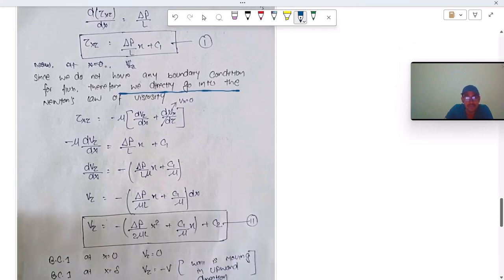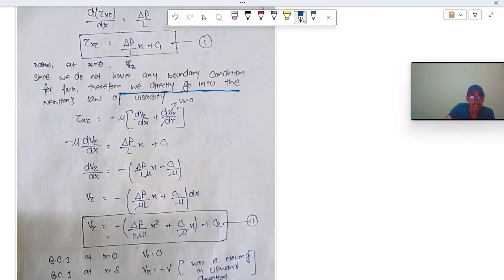So by putting the value of this into this expression, we get this form of equation, where dou vz upon dou x is equal to this. On integrating this expression, we get this expression where we have to find this term.